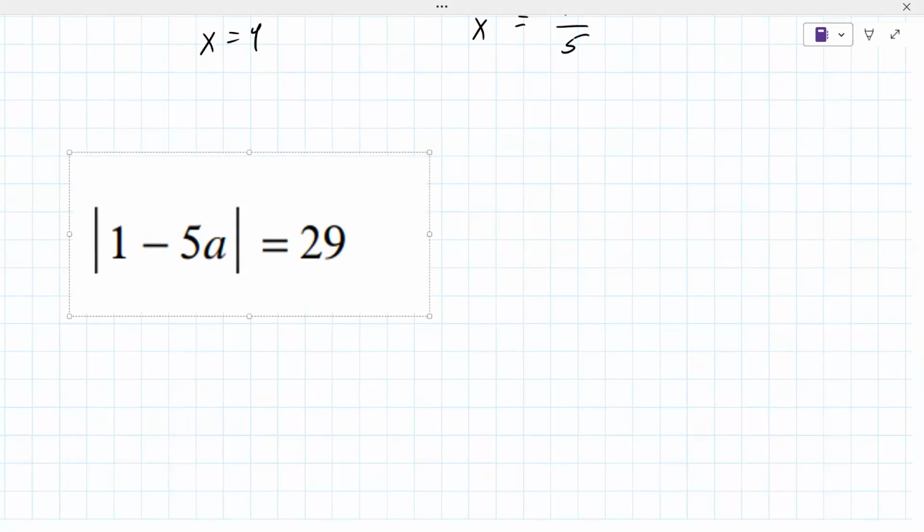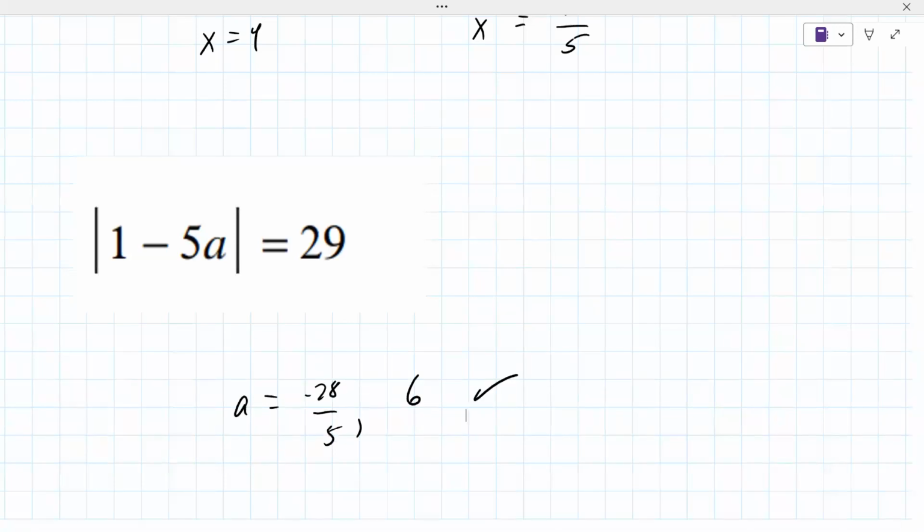So I got a equals negative 28 fifths and a equals 6. All right, both correct, good.